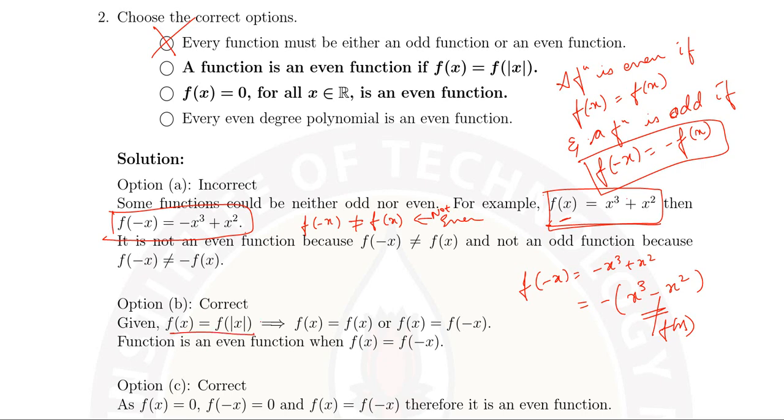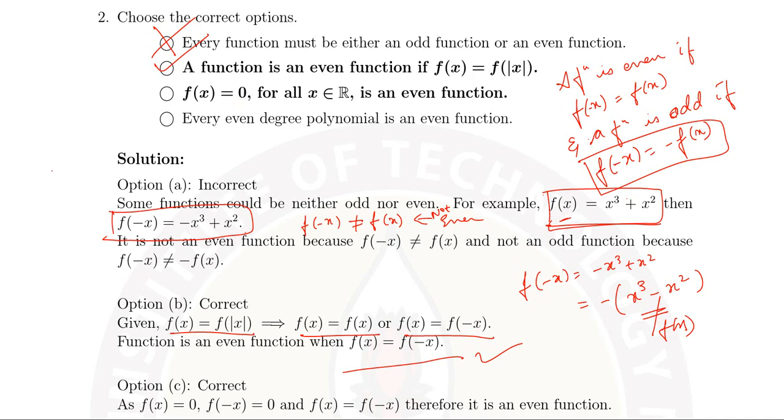This is the definition of an even function itself, because f of x equal to f of mod x can be written as f of x equal to f of x, or f of x equal to f of minus x, which is the definition of an even function. Therefore the second statement is right. Now the third statement is, if f of x is equal to 0 for all x belonging to R, it is an even function, which is absolutely right, because no matter what value you give for x, you will always have the output 0 here, right?